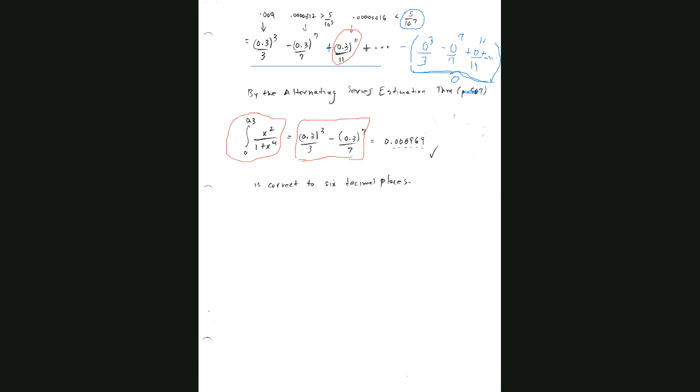It takes time, but all I'm saying is this operation, 0.3 to the third over 3 minus 0.3 to the seventh over 7, can be done using fundamental principles, computing the integral using a power series.